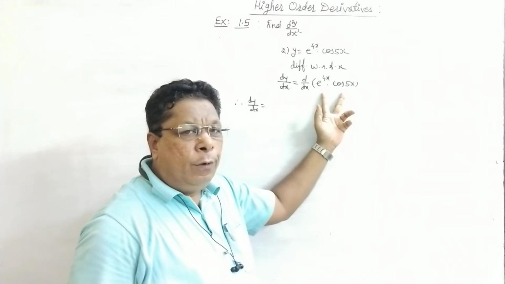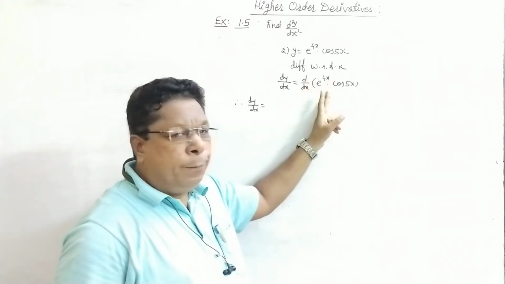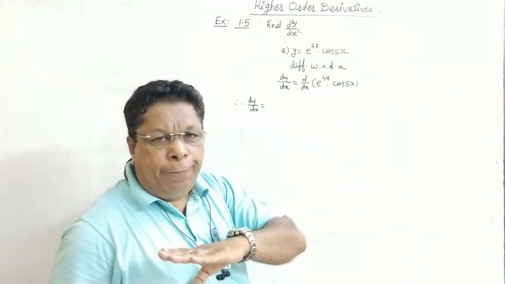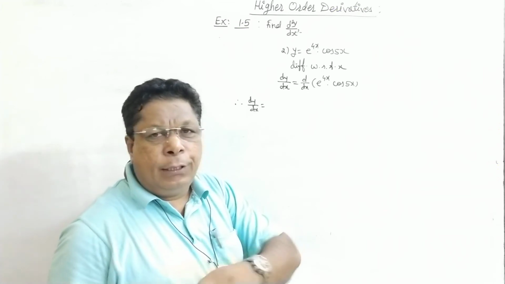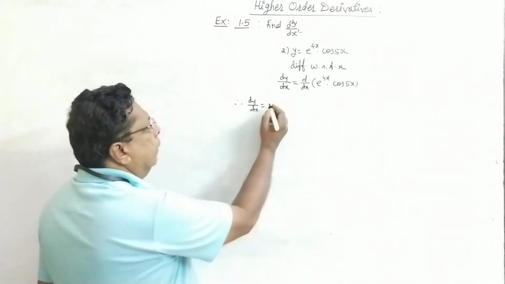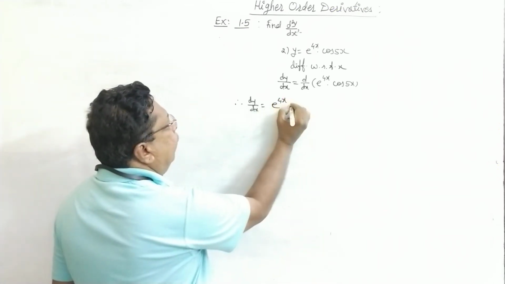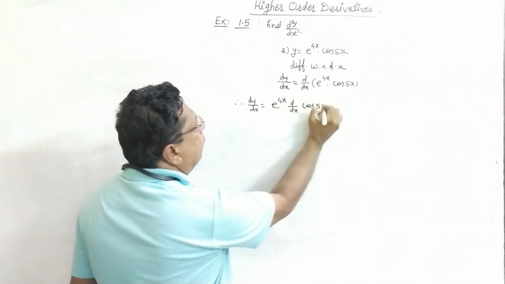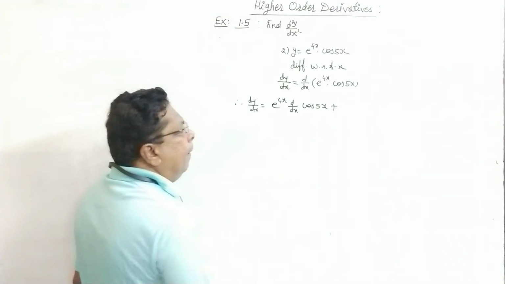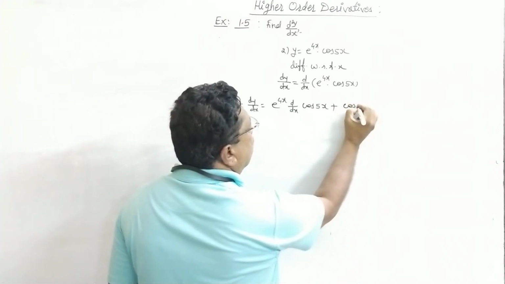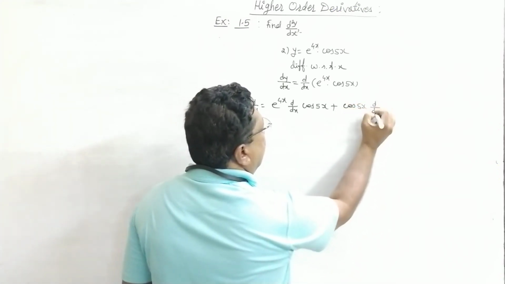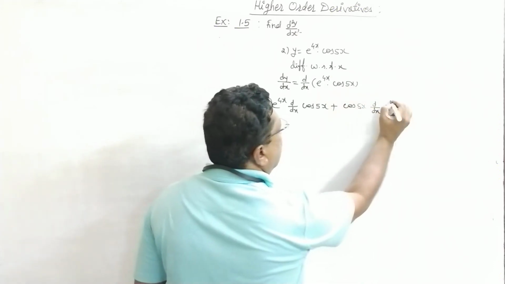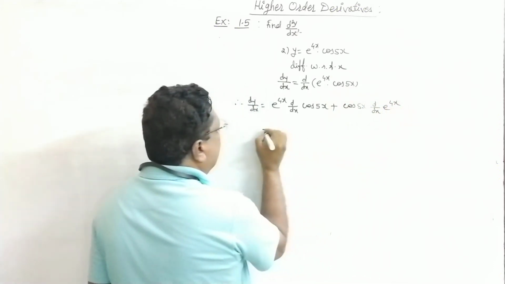What is the product rule? First function into derivative of second function plus second function into derivative of first function. First function e raised to 4x into d by dx of second function cos 5x plus second function cos 5x into d by dx of first function e raised to 4x.